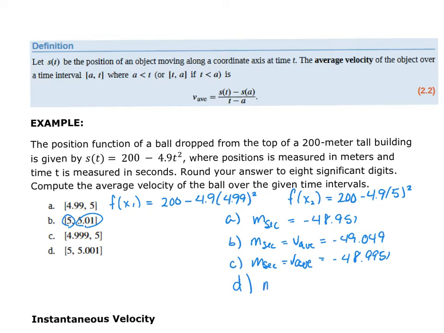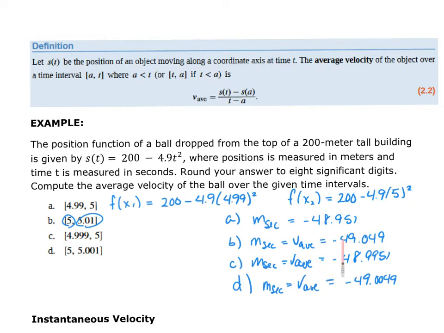And then let's just do D. So that is the slope of the secant, or the average velocity, V, which I got to be negative 49.0049. And what you're going to find as you get closer and closer to 5 is that the numbers on the left side of 5, so this one is 4.99999 and then 5, and this is the right side, which is 5 to 5.01.